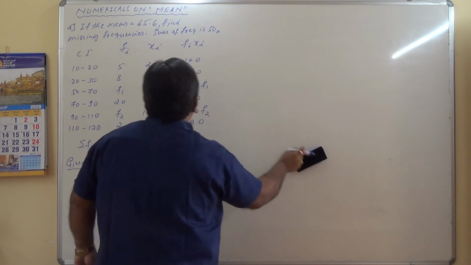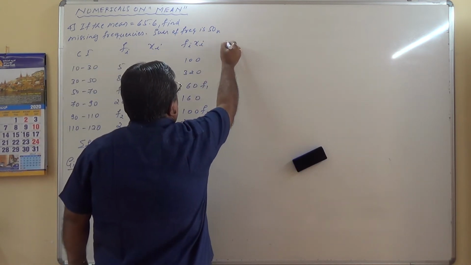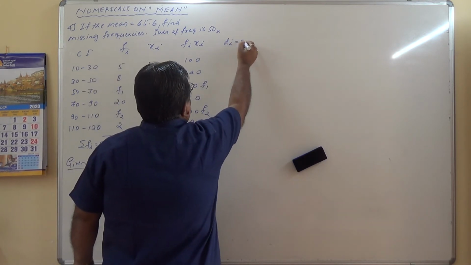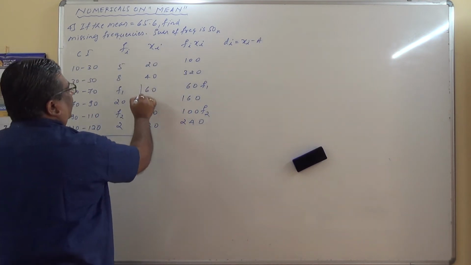Let's see. So what else is required here after sigma fi xi? di is required, which is xi minus a. So assumed mean I'll assume here as a.